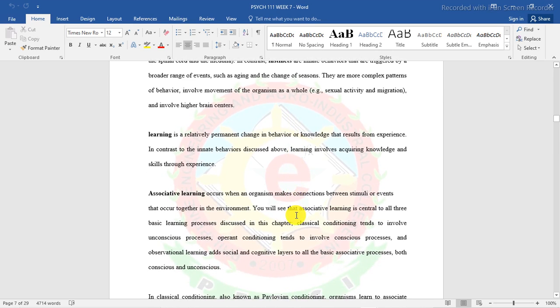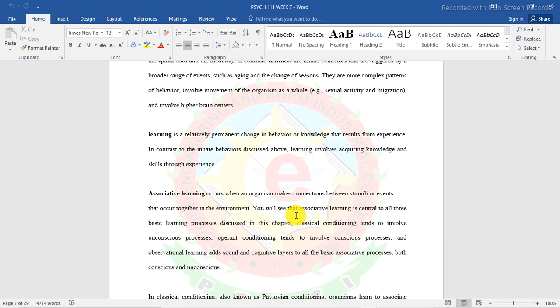So, how do you define learning? Pag marunong ka ba sa isang bagay, ibig sabihin ba na-learn mo na yung bagay na yan? Or, let's have this definition of learning. So, learning pala, according to the book, is a relatively permanent change in behavior or knowledge that results from experience. In contrast to innate behaviors, learning involves acquiring knowledge and skills through experience.